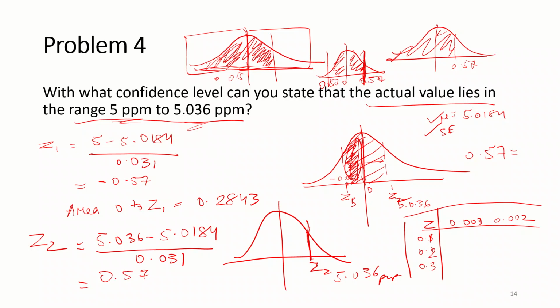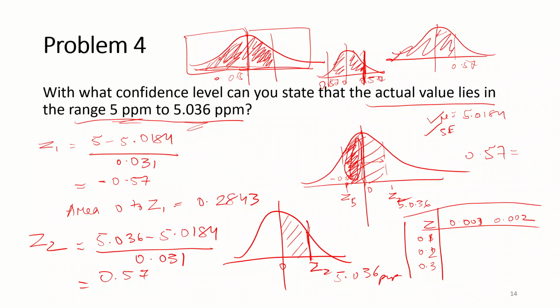I don't have a calculator, but 5.03 minus 0.37. For me it's coming 0.57. I'll take 0.57, yeah. So now we have to find the area in this region from 0 to Z2.